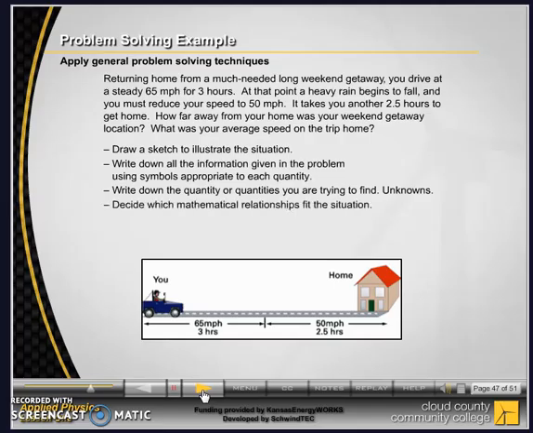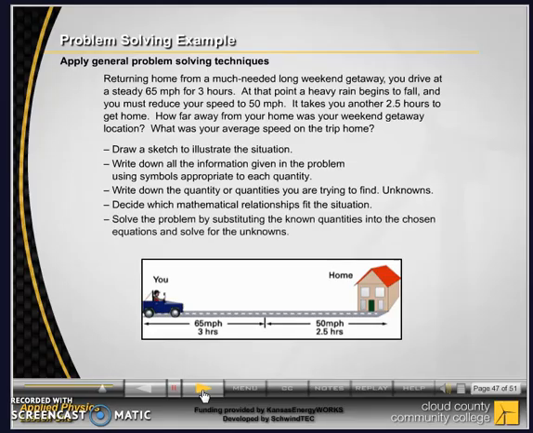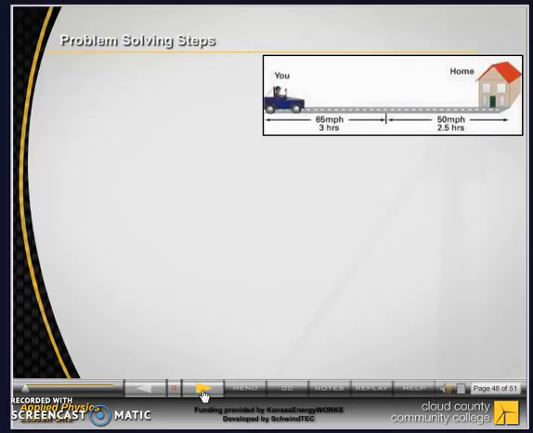Decide which mathematical relationships fit the situation. In other words, what equations will you need to solve the problem? Write these equations down. Solve the problem by substituting the known quantities into the chosen equations and solve for the unknowns. Evaluate your answer. Does it make sense? Are the units correct? To see how these steps work, we will apply them to the previous example.